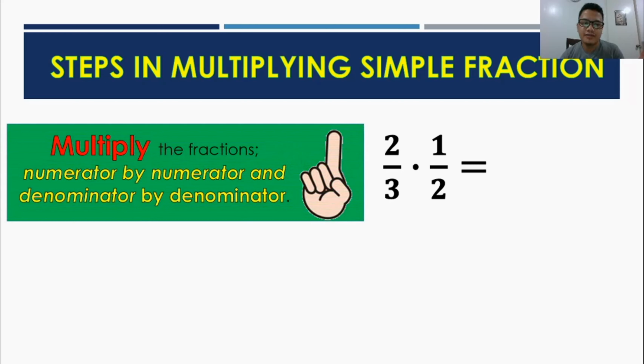First step again, numerator by numerator, denominator by the denominator. So meaning we have to multiply 2 and 1 because both of them are numerators, and also 3 and 2. So there we have it. Let's multiply now. 2 times 1 will give us 2, and 3 times 2 will give us 6.